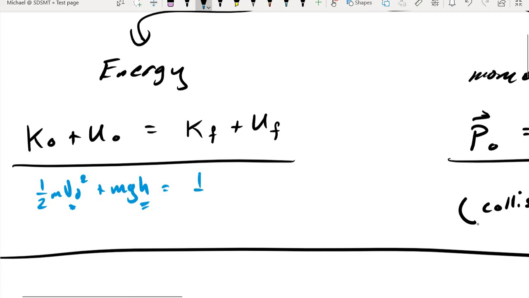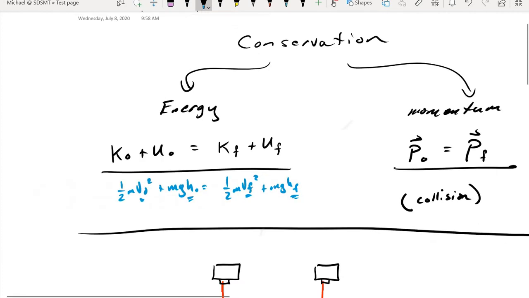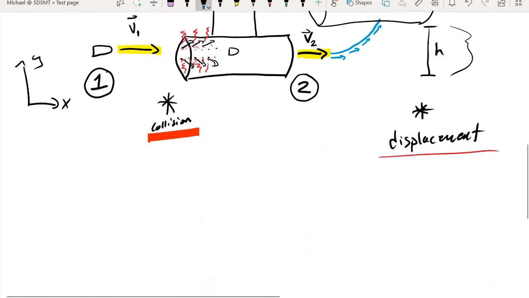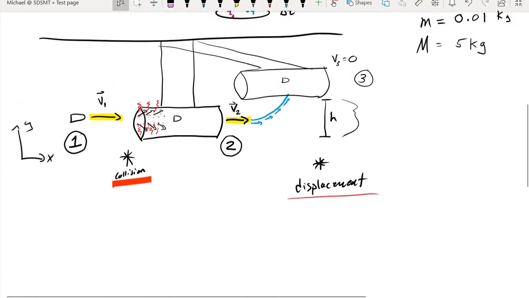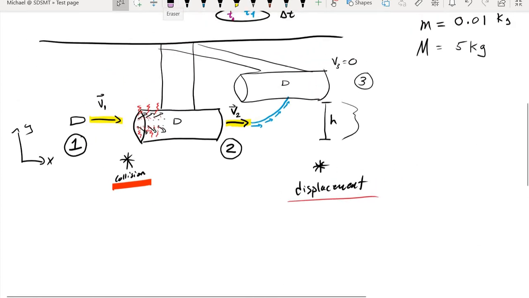And that's true on the other side of the expression as well. How fast we're moving and where we're at. It's going to be far better for us to use a conservation of energy during this displacement.